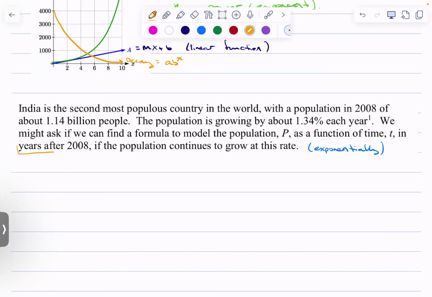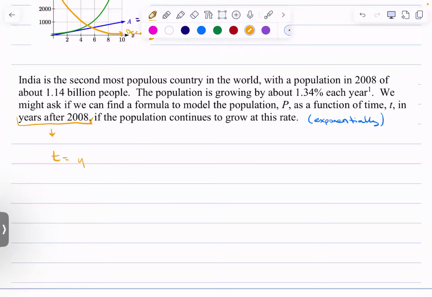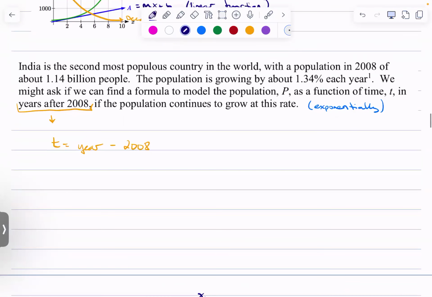First thing we want to make a note of is that T is the time in years after 2008. So T is going to be the year minus 2008. We want to find a formula for the population size as a function of T, right?